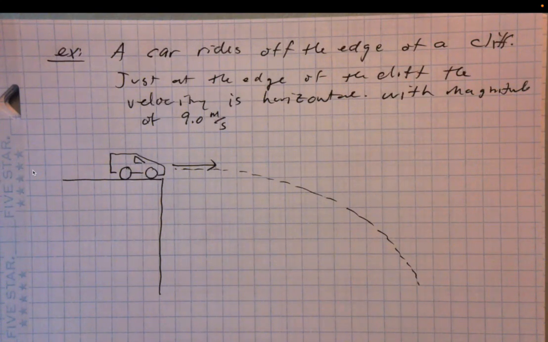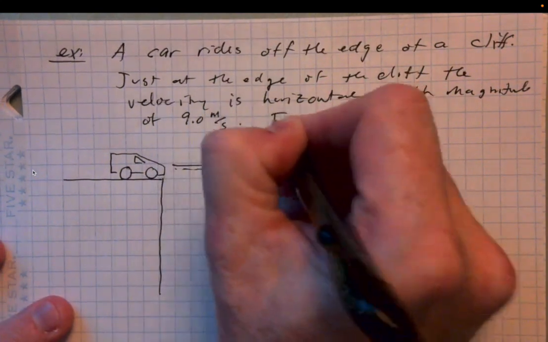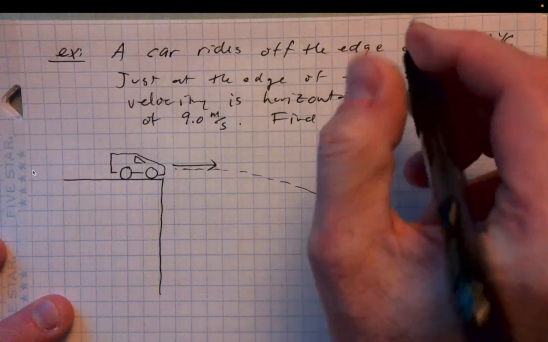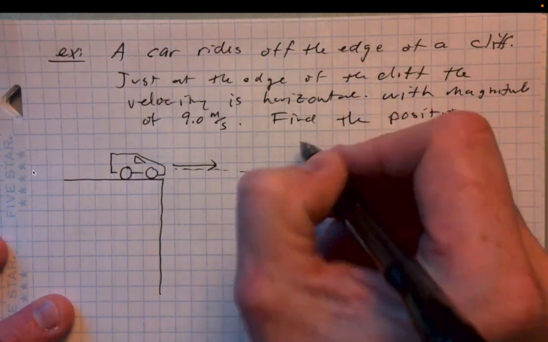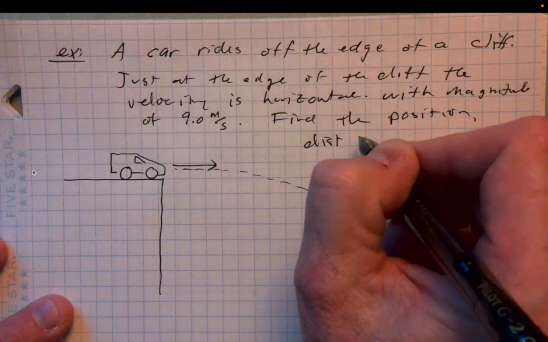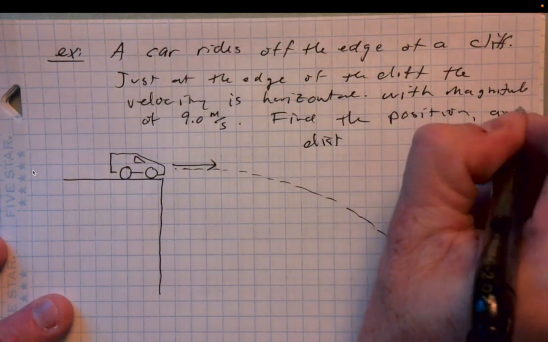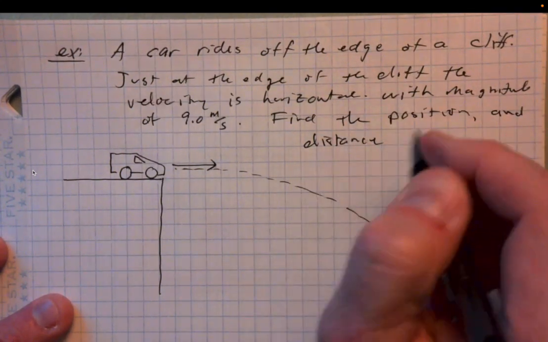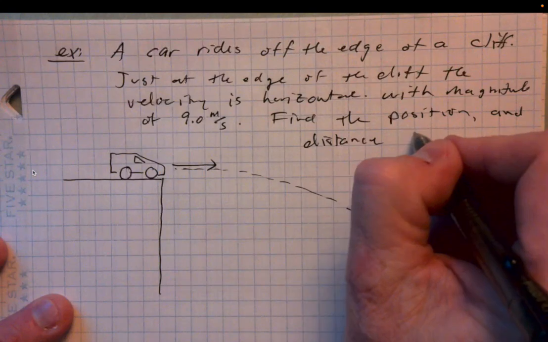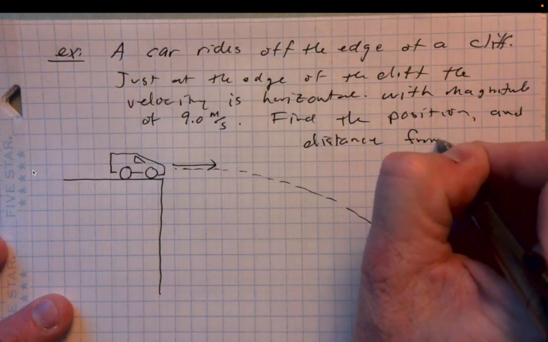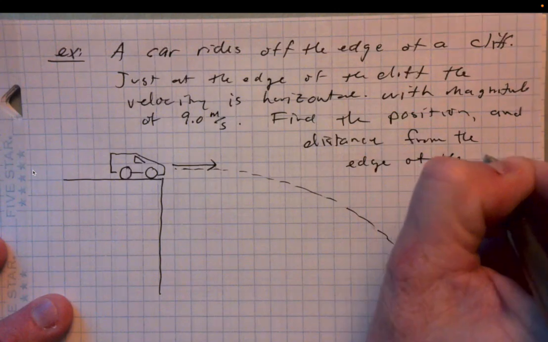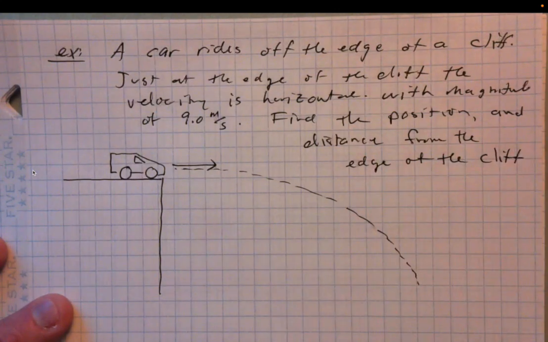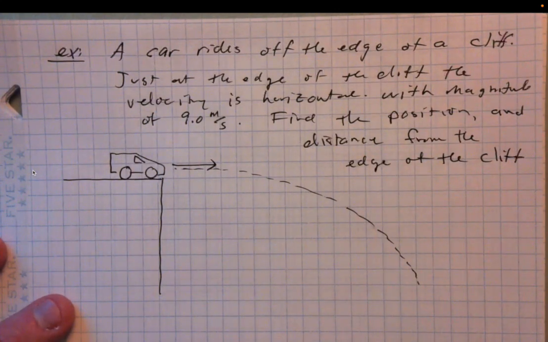Okay, so what are we interested in? Let's find the position and distance from the edge of the cliff, and the velocity.